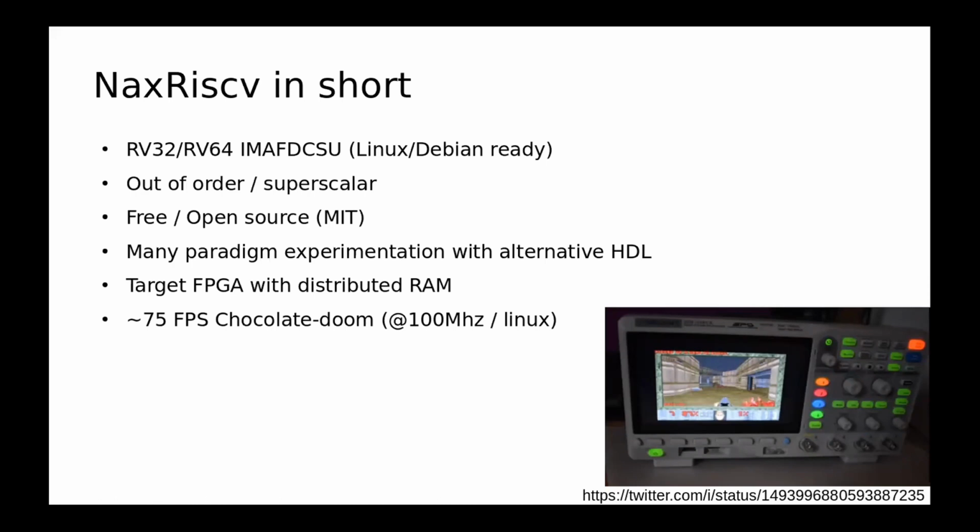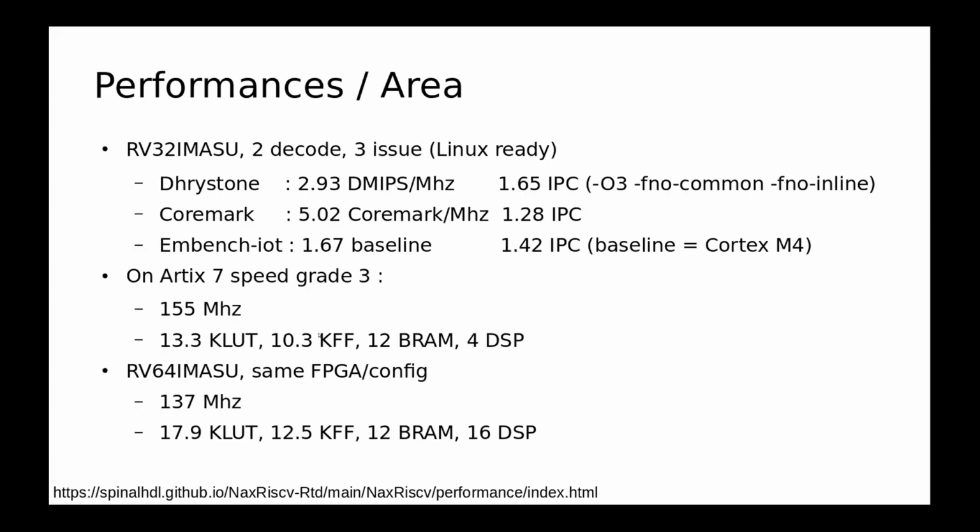And for instance, here somebody used it to run Doom in a reverse engineered oscilloscope, and it ran with some decent performance. It's really not the subject of this talk, but just for reference, it's about double what you get with a normal in-order, single issue soft core.